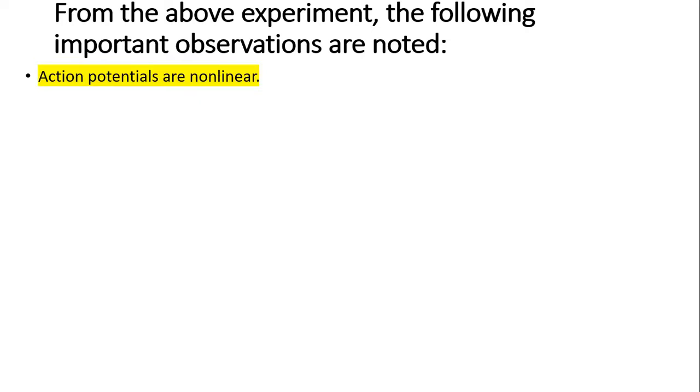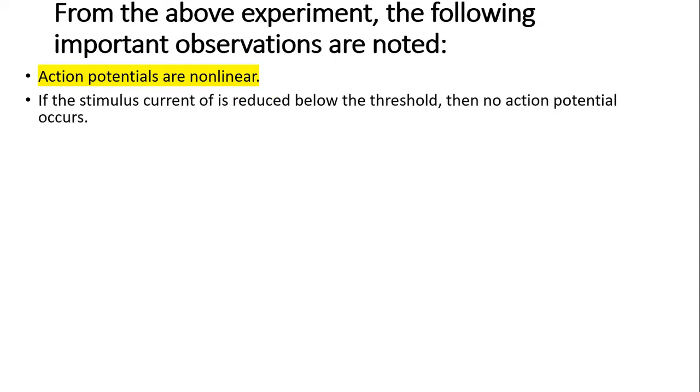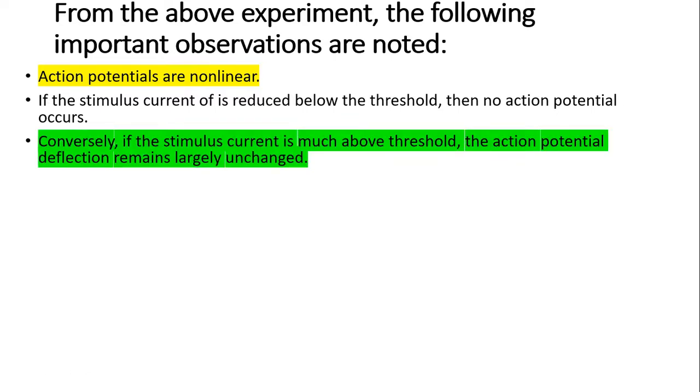Now, from the above experiment, the following important observations are noted. Number one, the action potentials are non-linear, which means there is no linear relationship between the stimulating current and the action potential. If the stimulus current is well below the threshold, then no action potential occurs. Conversely, if the stimulus current is much above the threshold, the action potential deflection remains largely unchanged.